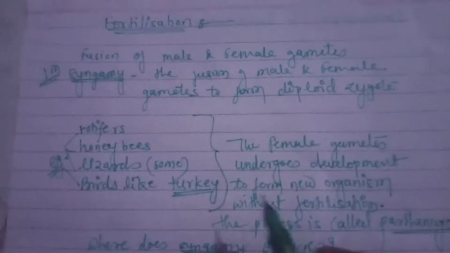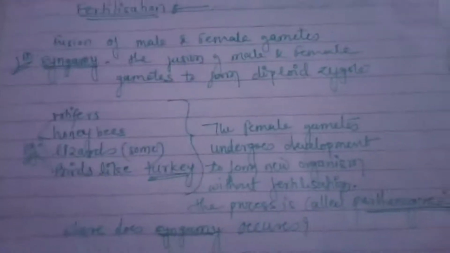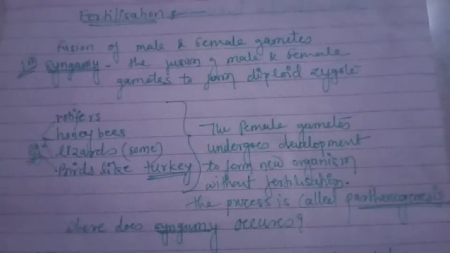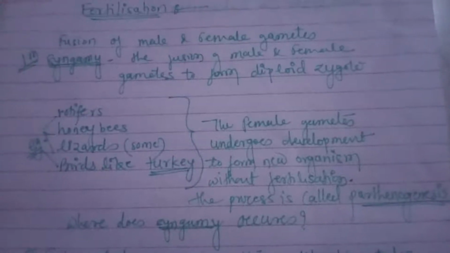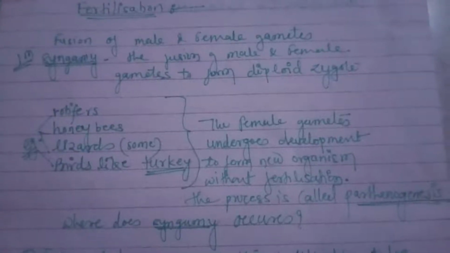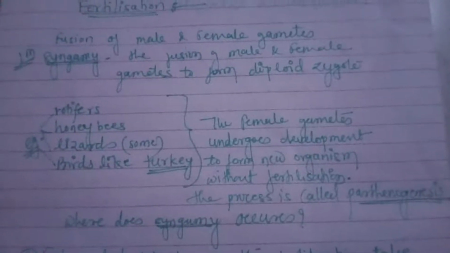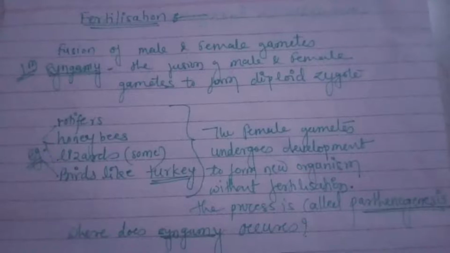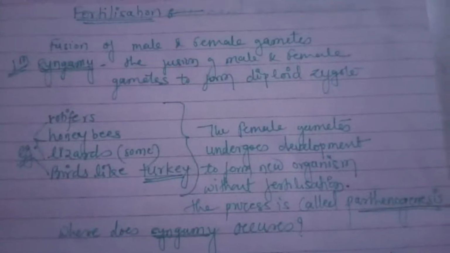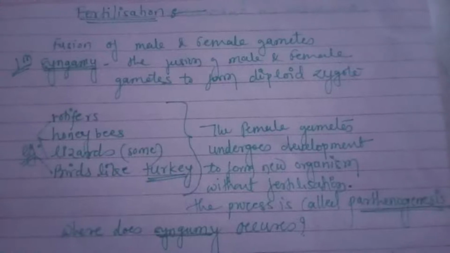I think you are all familiar with fertilization. Fertilization means fusion, F-U-S-I-O-N, of male and female gametes. Another word used for fertilization is syngamy: the fusion of male and female gametes to form a diploid zygote.